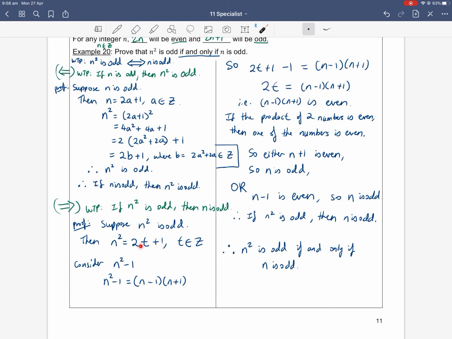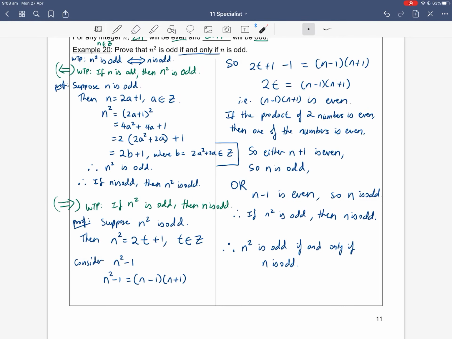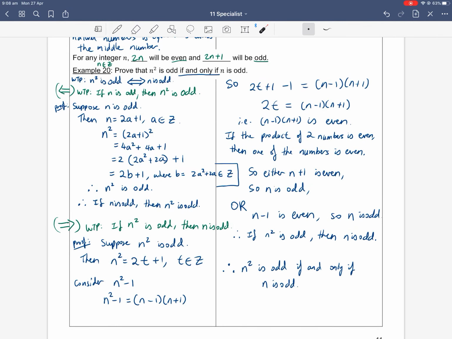So we've shown that if n squared is odd, because that's our starting supposition, then our final result is n is always odd. And because we've shown the 2 arrows, the if both ways, we have shown that n squared is odd if and only if n is odd.